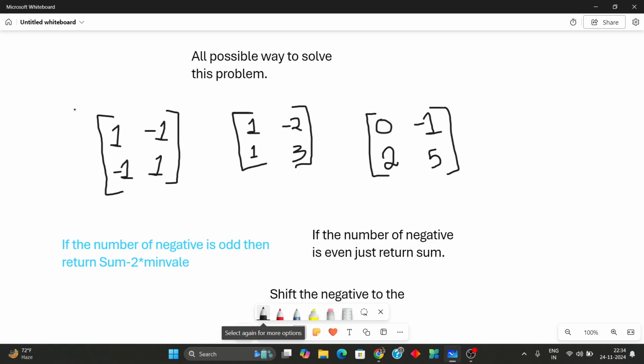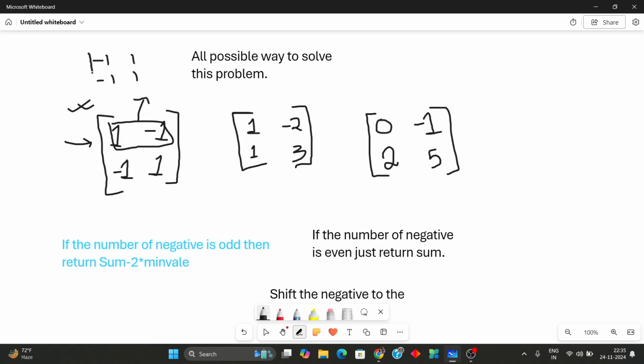Here is my whiteboard. Here you can see the first example, that is 1, minus 1 and 1. So what will we do first? In the first row, if we take these two numbers and multiply them with minus 1, we will get minus 1, here 1 and 1.